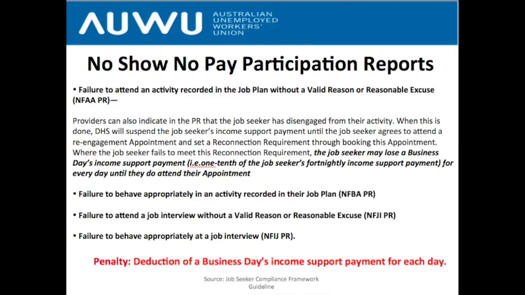The final no-show, no-pay participation report is the failure to behave appropriately at a job interview. And that's fairly self-explanatory. But once again, huge issues around discretion here, where employers and job agencies essentially use their own discretion to determine what is and isn't appropriate, and there's huge issues around that.